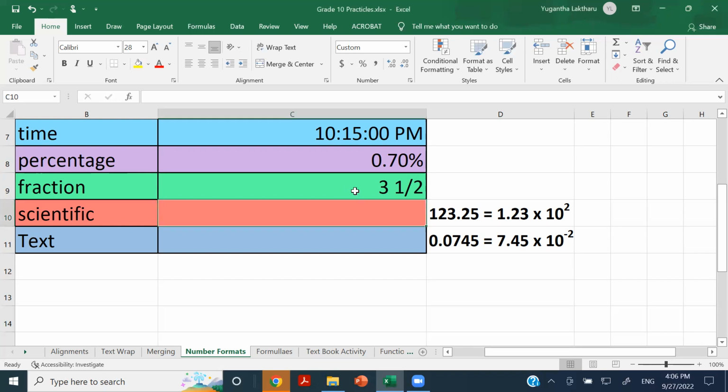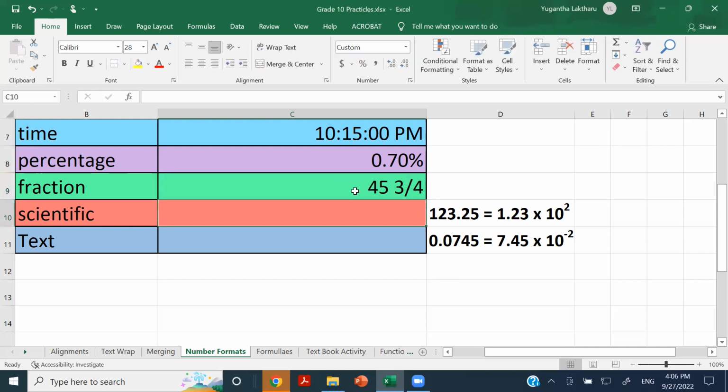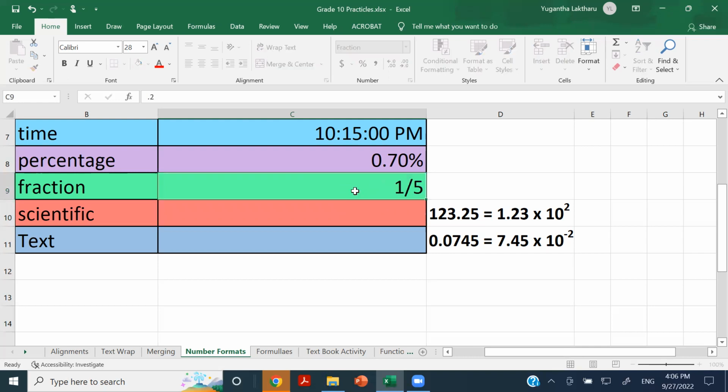All right, even a bigger number is going to give us the same, like let's say 45.75. And if I want to say 0.2, it's 1/5, likewise.